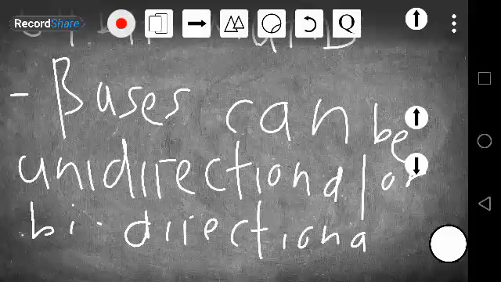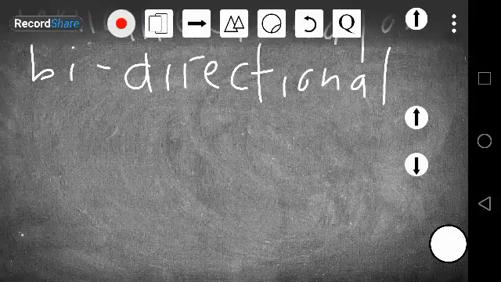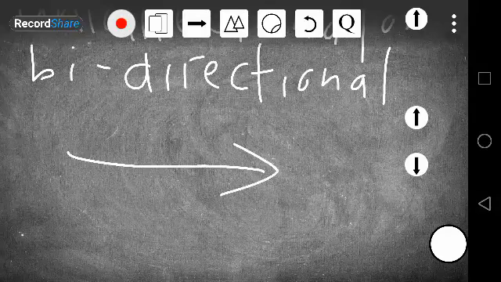What are we talking about here? We are saying if a bus is said to be unidirectional, it means data can only move in one direction. Okay? So it moves in one direction only. That is unidirectional.